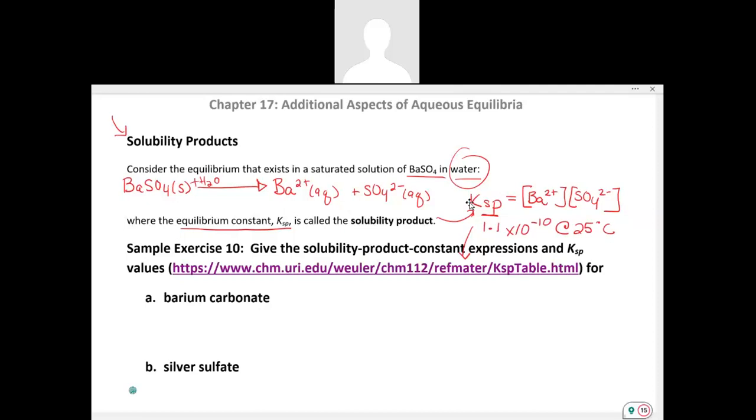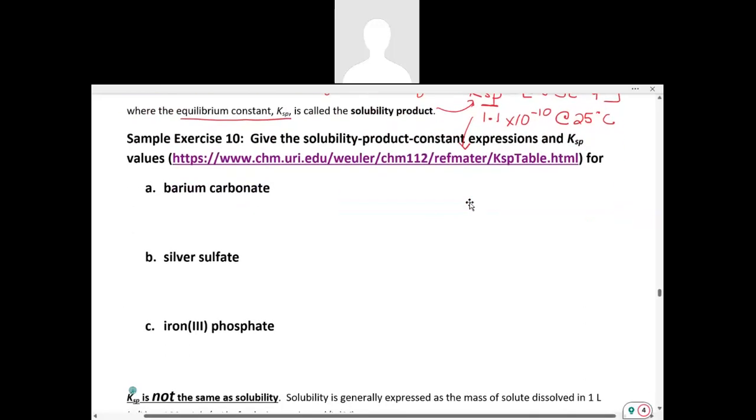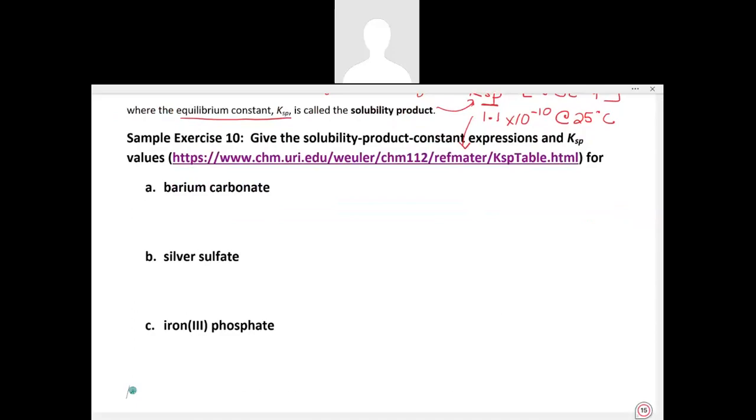So let's take a look at this example below, exercise 10, and any of the values that are not given, I would have pulled from that table, so from this website here. So if you want to navigate to that website as you follow along, let's get started.